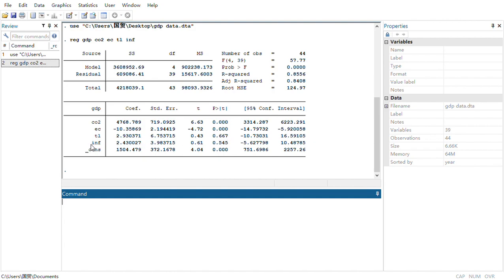Then when we look at the inflation rate, an increase in inflation will increase our GDP by 2.430027, but the p-value is statistically insignificant. So that's how we interpret our results.